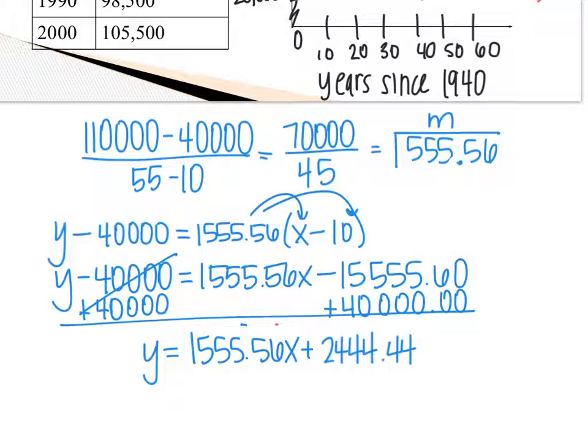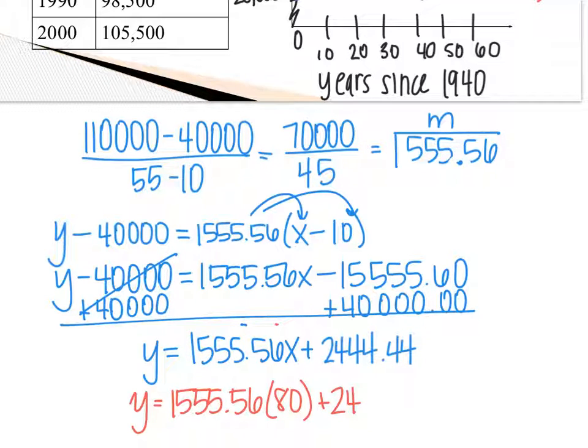The last question was predict the price in 2020. Well, 2020 is 80 years past 1940. So I'm going to do 80 where x is. And if you want to see this question, look in your textbook on page 94.